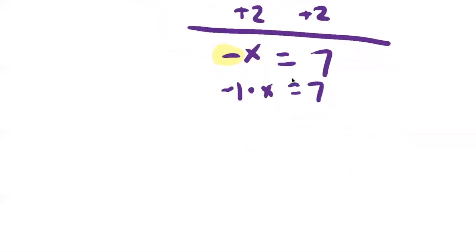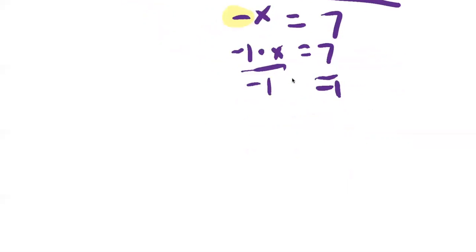Remember, the opposite of multiplying by -1 would be dividing by -1. So let's divide both sides by -1. The -1s cancel out on the left, leaving positive x, and 7 divided by -1 is like 7 divided by 1, which is just 7. But since we have this negative sign, instead of positive 7, x is equal to -7.